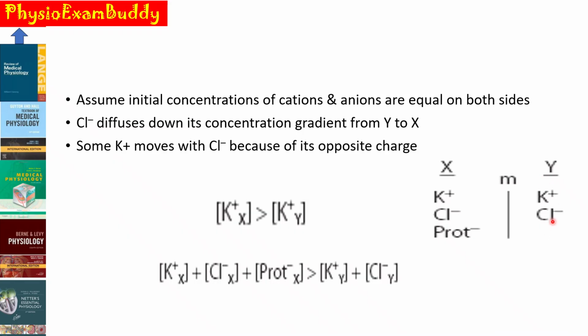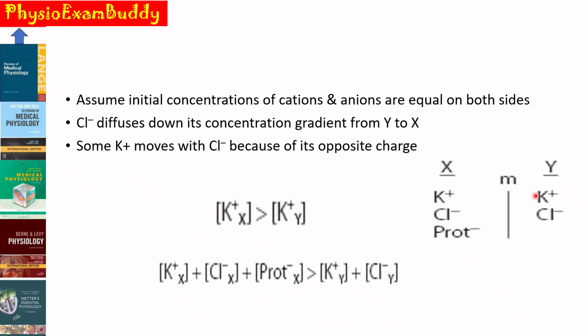So chloride will diffuse down its concentration gradient from Y to X. And you know the charge of the chloride is negative. So along with the chloride, some potassium, which has an opposite charge, will also move into the X compartment. So what happens to the concentration of potassium in the X compartment?